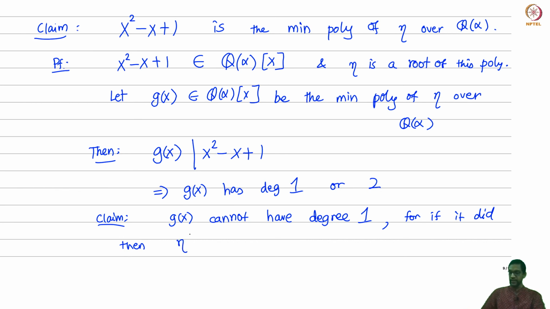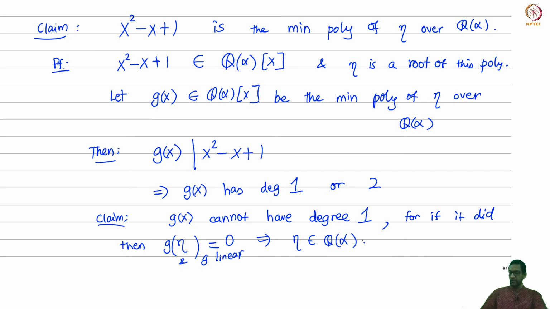So g(eta) is 0 and g is a linear polynomial. Any root of a linear polynomial is in the base field itself. So this would mean that eta must have belonged to the base field Q(alpha).